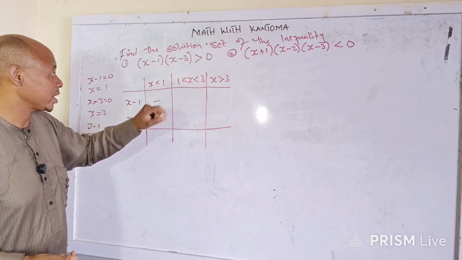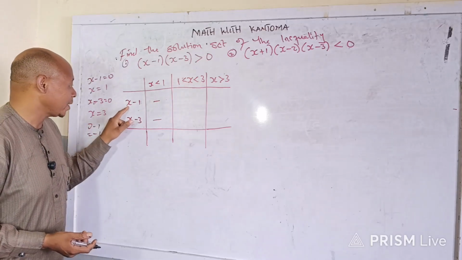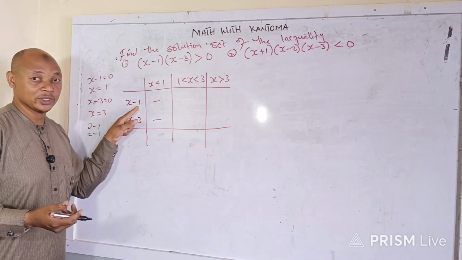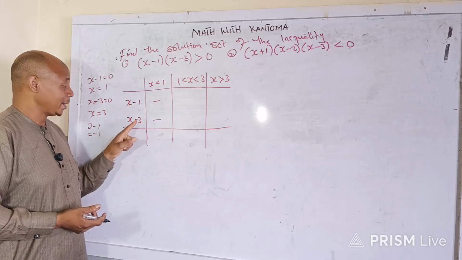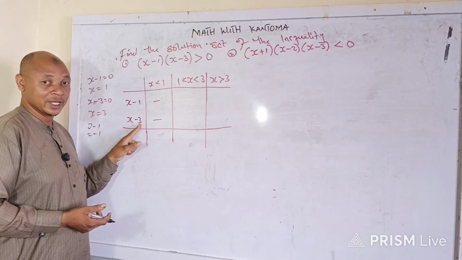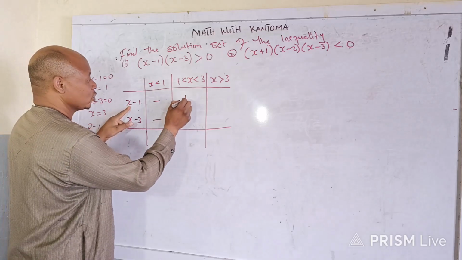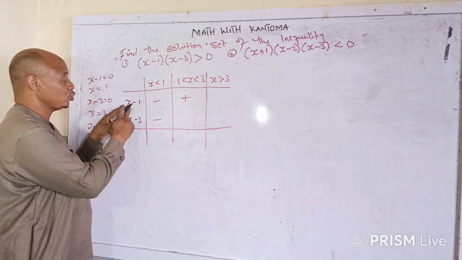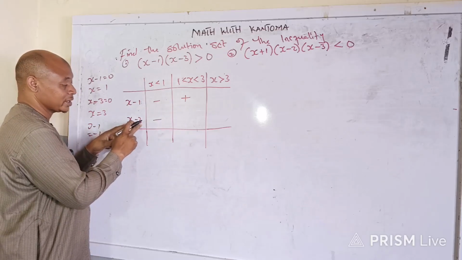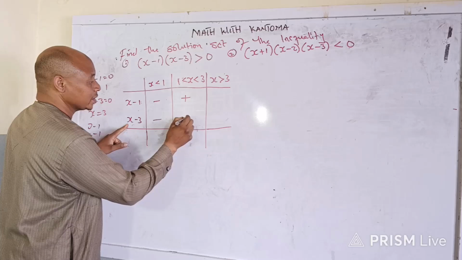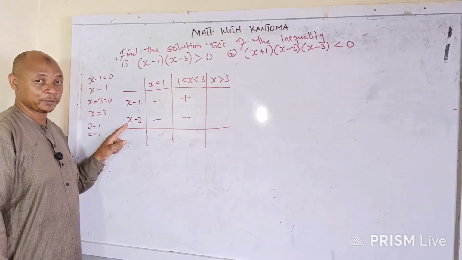So now when we take x to be 2, substitute it here. 2 - 1 is going to give us positive, which is 1. 2 - 3 is going to be negative here. So now on this axis, it is positive because 2 - 1 is positive. And on this axis, 2 - 3 is -1. So it is negative on this value.